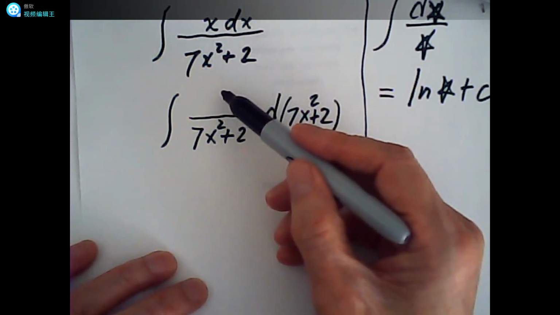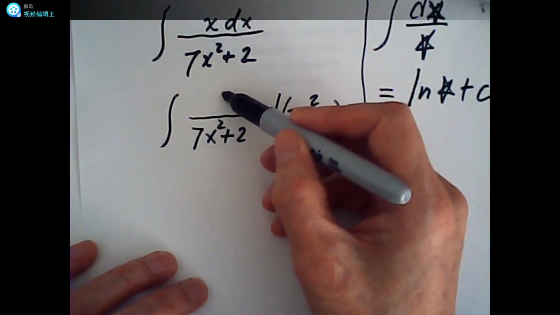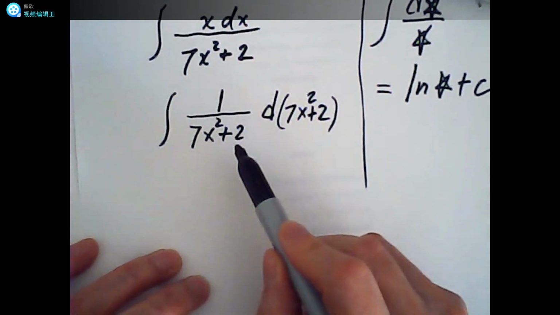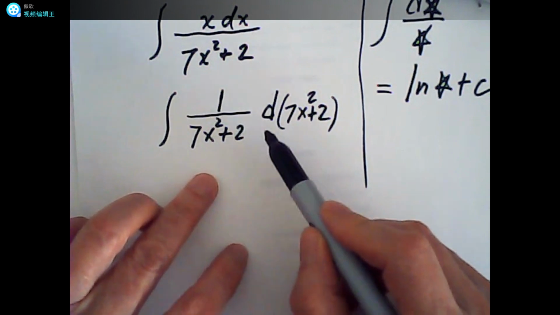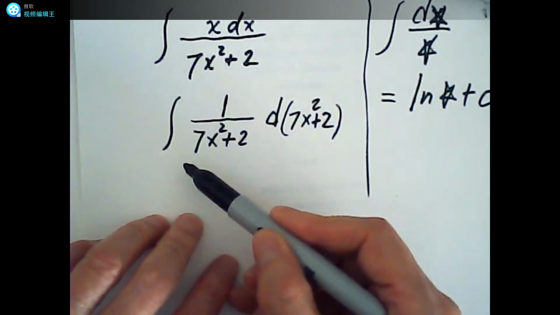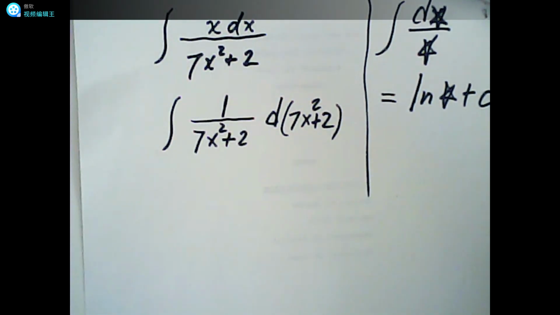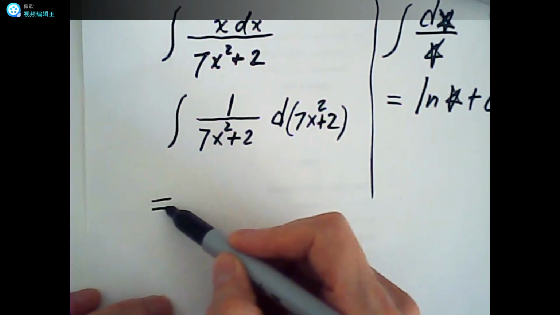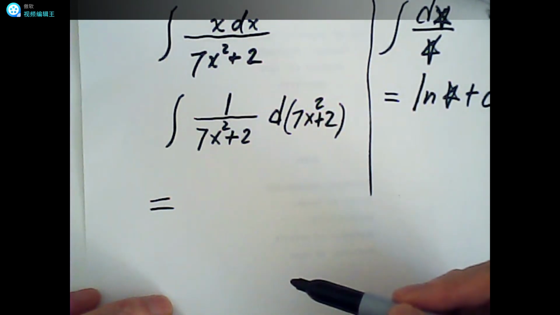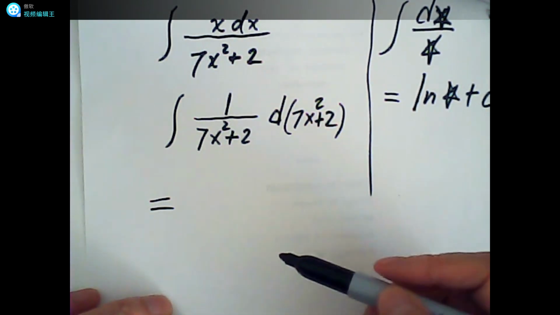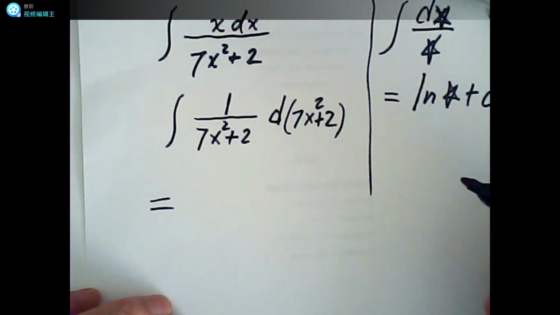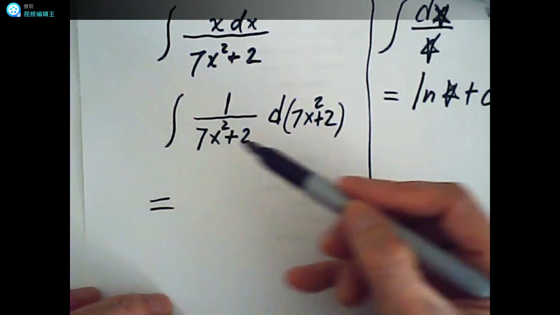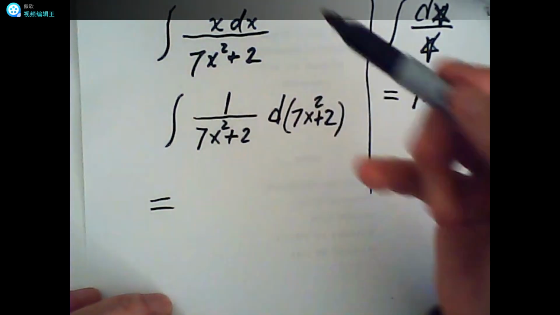If this is 1, to fit the formula, and if I can successfully write this one as this, then I'm finished, because this is equal to the log of this. But they're not equal. I try to make them equal.